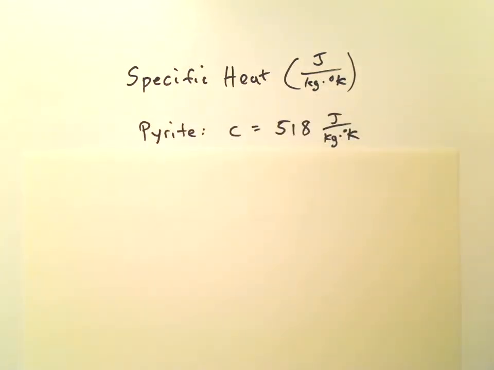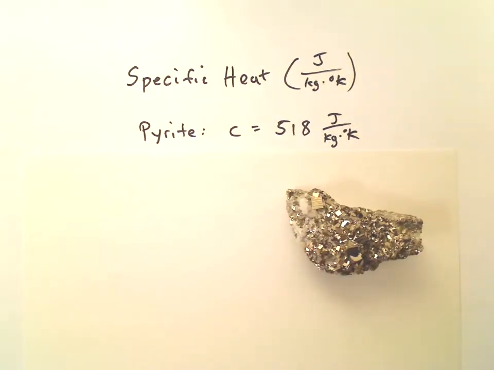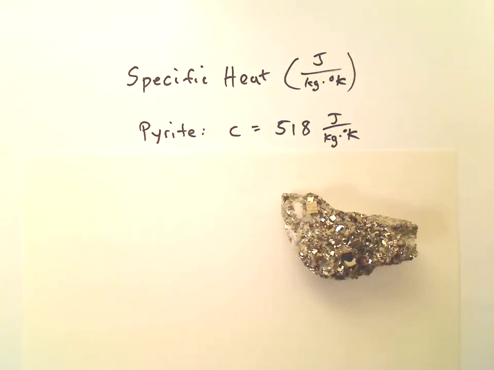For example, pyrite has a specific heat of 518 joules per kilogram degree Kelvin. If this sample was, say, half a kilogram, which I think it might roughly be, then the heat capacity of this sample would just be half of whatever that number is. So half a kilogram would have a heat capacity of 259 joules per degree Kelvin.